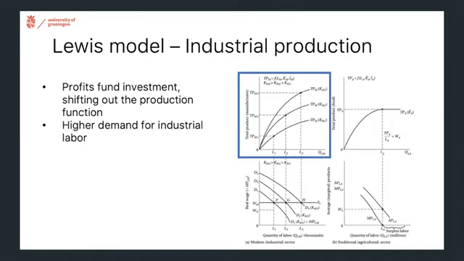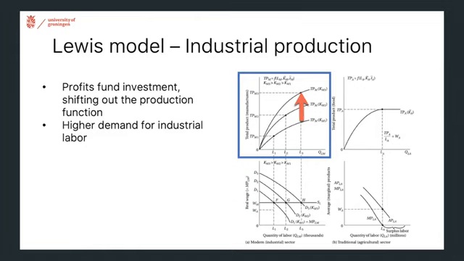Now, as you can see here, as the industrial sector starts to gain profits, starts to invest, that shifts outwards the production function, as it would in the Solow model as well. So we have total production set against labor. As the capital stock increases, denoted here by KM1, KM2, and KM3, the production function shifts outwards.